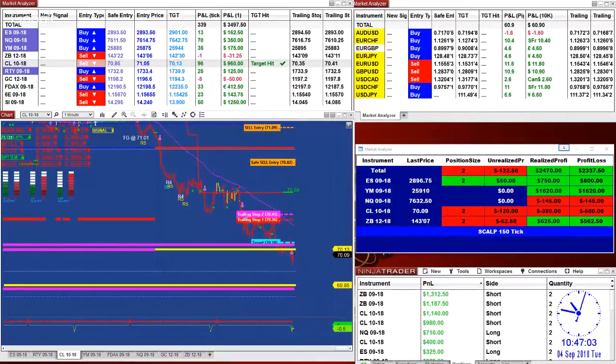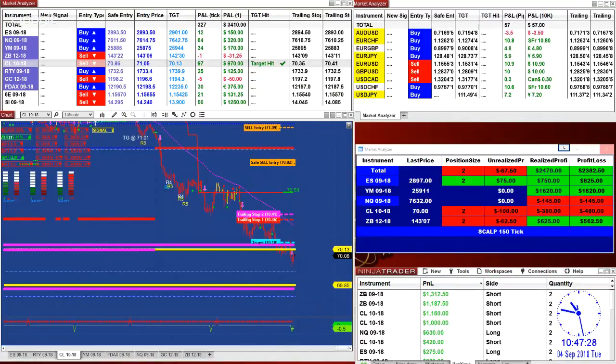I'm going to be loading the CL to see if I can find any reversal trade here, and we will look at the ES also to see if there's any reversal trade on the ES.